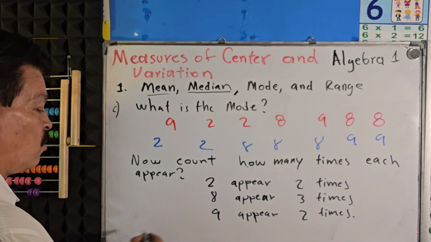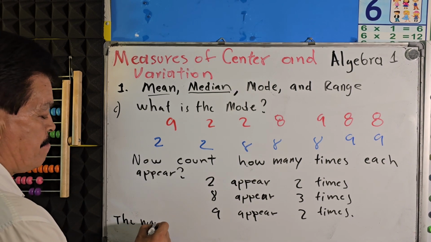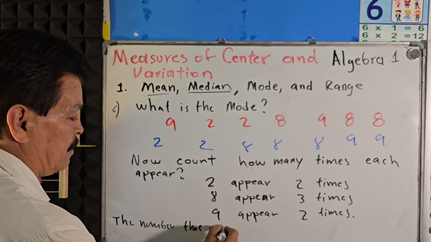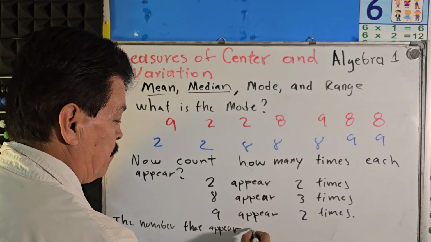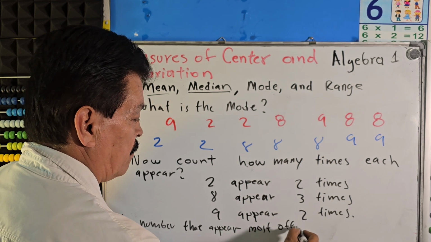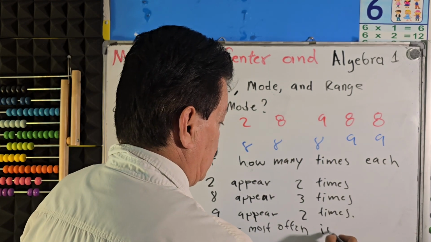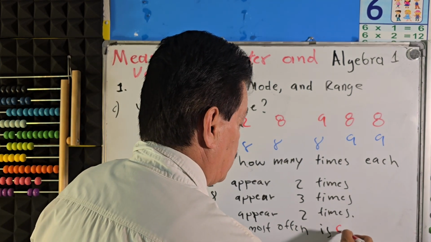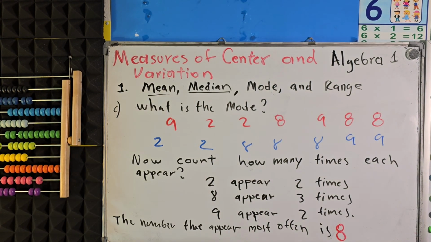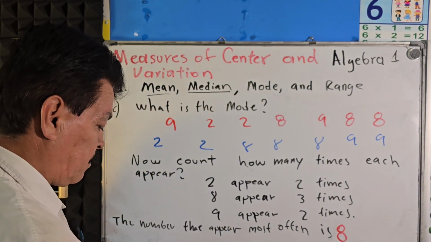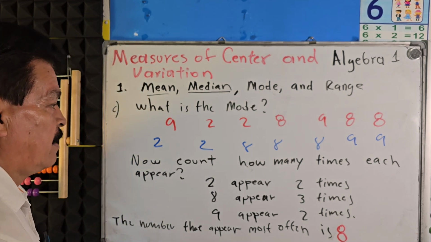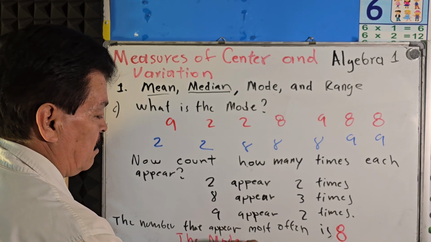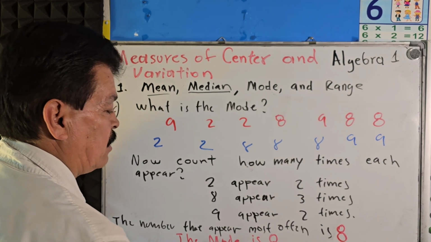So in conclusion, the number that appears most often is 8. The mode is 8. So very clear, okay?